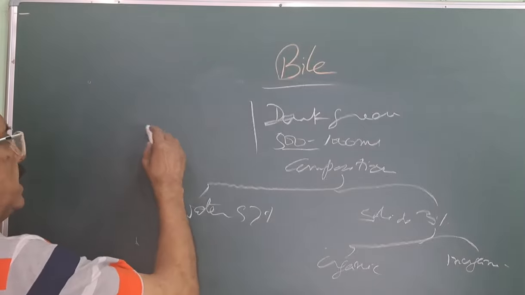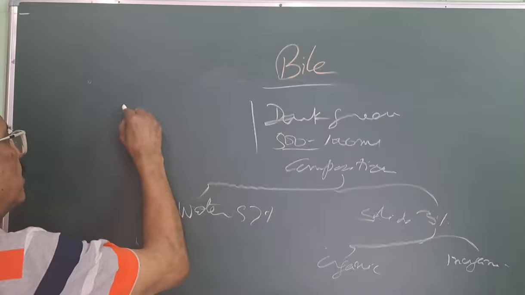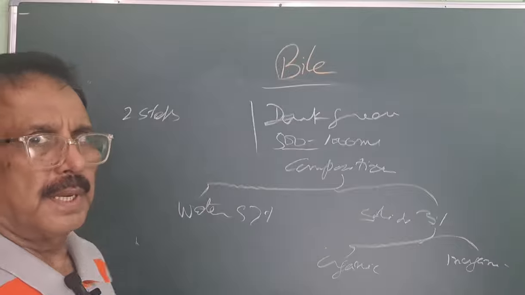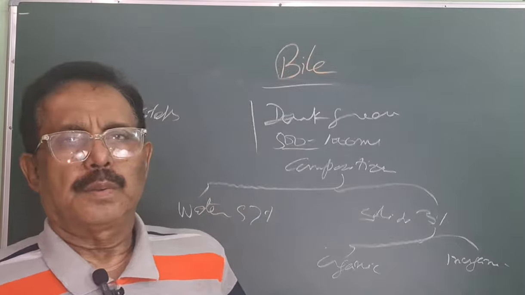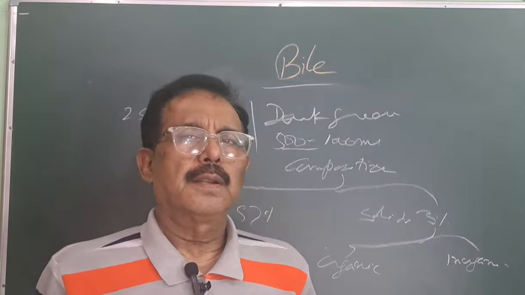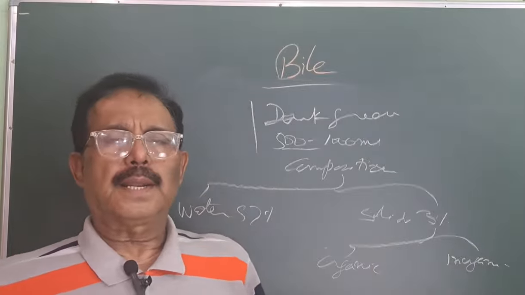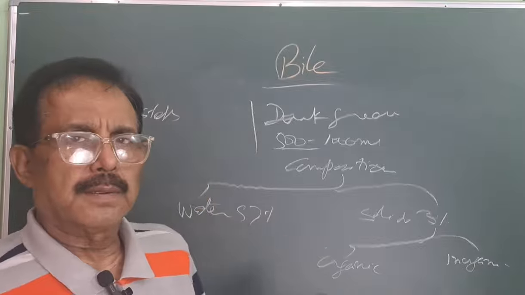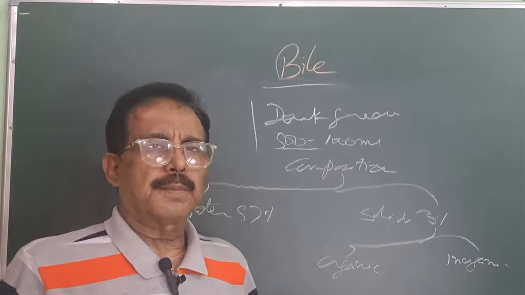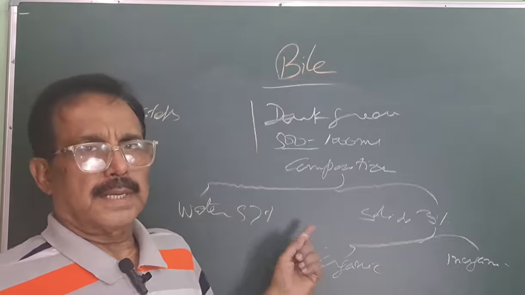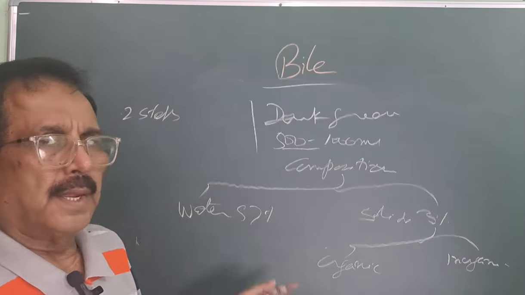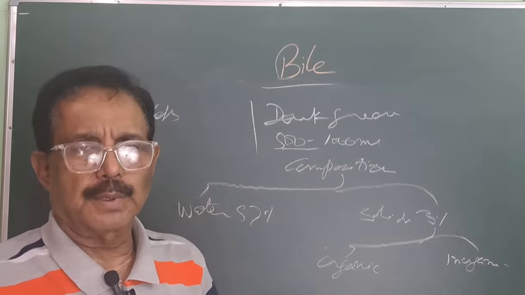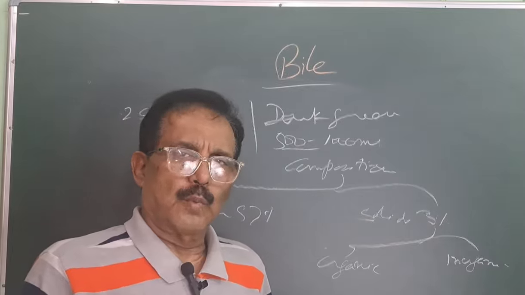Now, secretion of bile in the liver takes place in two steps. The first step is the formation of bile that is rich in bile acids, bile salts, and cholesterol. The second step is in the duct that carries bile. Here the ductal cells contribute sodium, bicarbonate, and water.